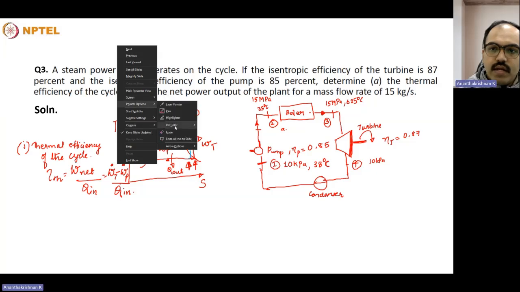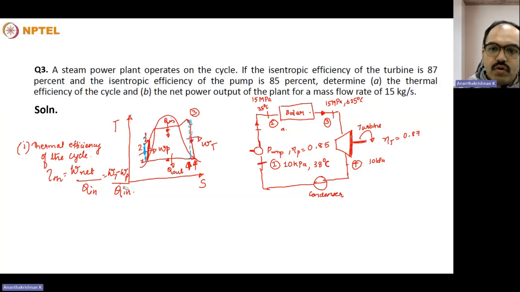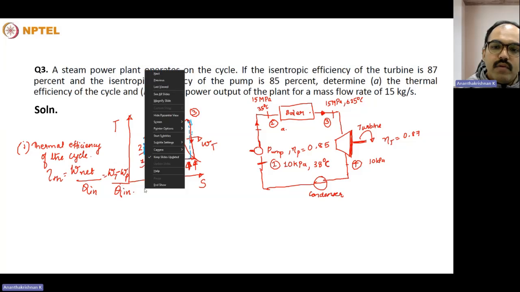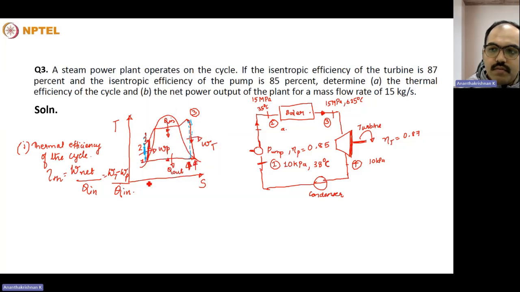So it's kilojoule per kilogram, so there should not be a dot. Dot corresponds to the rate when you multiply it with the mass flow rate of the steam within the cycle.